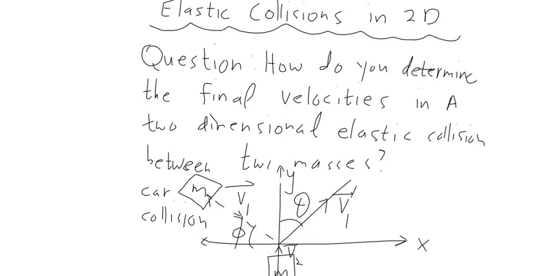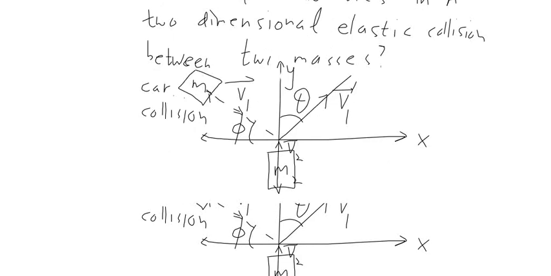Okay. So we have mass M1 and M2, let's say, okay? This would be a car collision scenario. So let's say I have mass M1 on the left-hand side here, and it's making a detour at an angle phi here, with an initial velocity v1 that I've defined here.